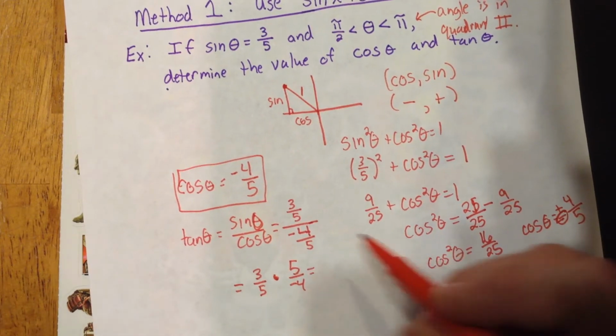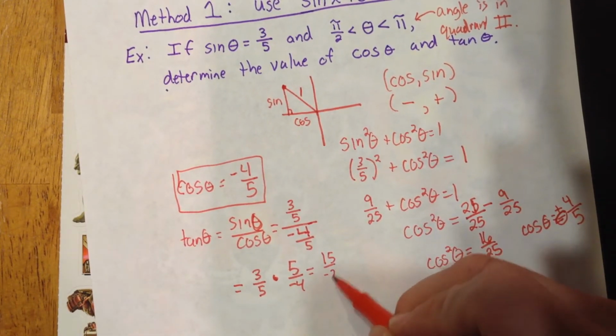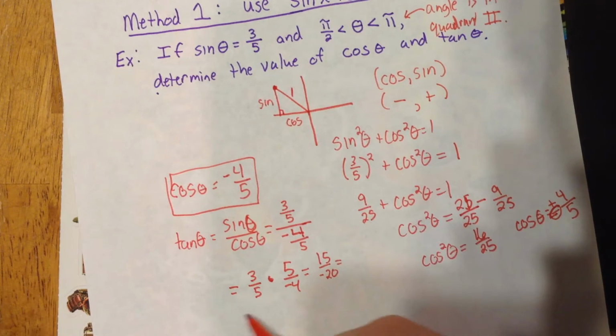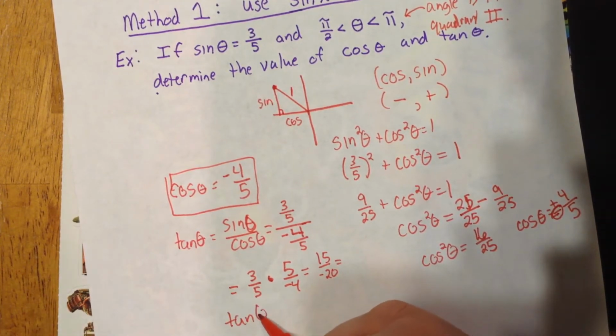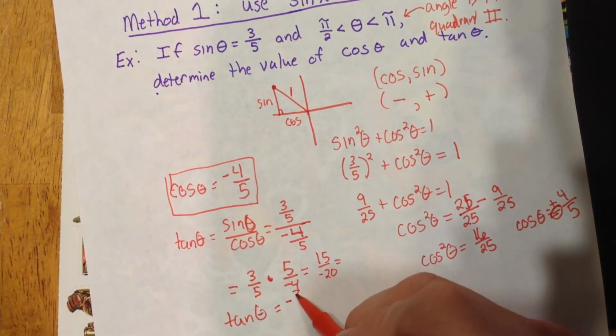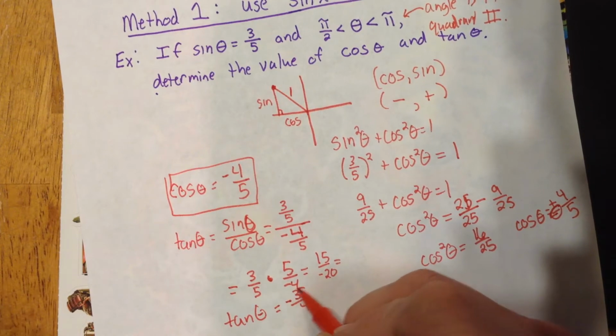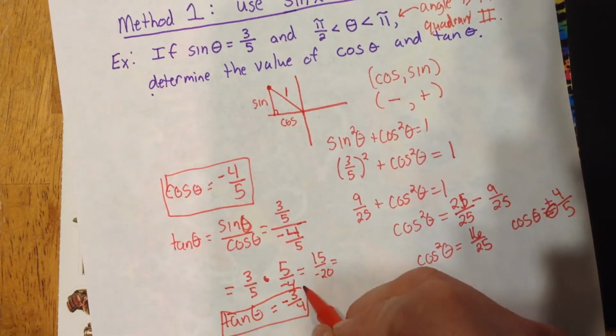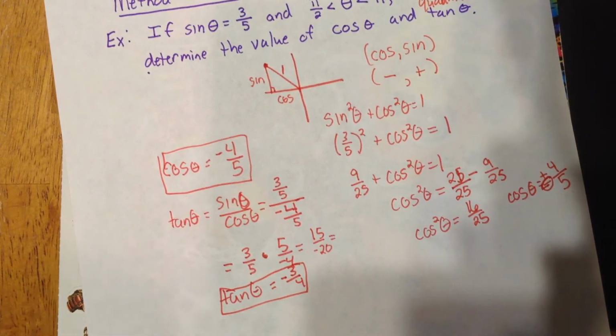Doing this math is pretty easy. We get 15 over negative 20, which simplifies, dividing by 5, to tangent of theta equaling negative 3 over 4. And that's it.